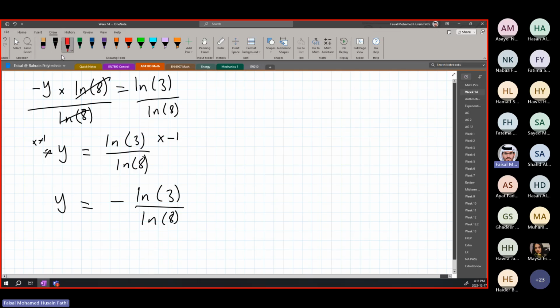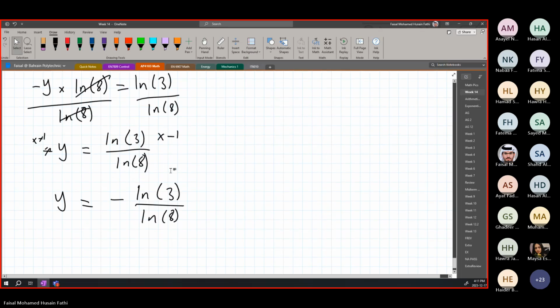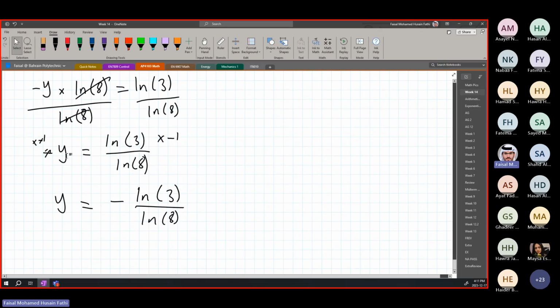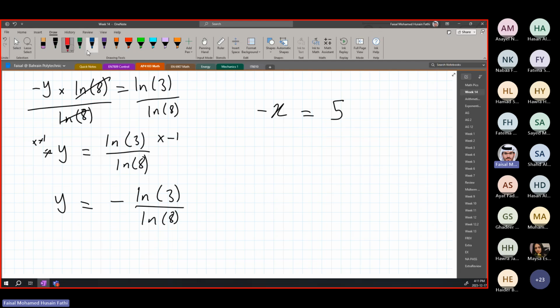We just multiply by minus 1. If you have minus x is equal to 5, and you multiply both sides by minus 1, the minuses will cancel, because you're going to have minus x times minus 1 is equal to 5 times minus 1.